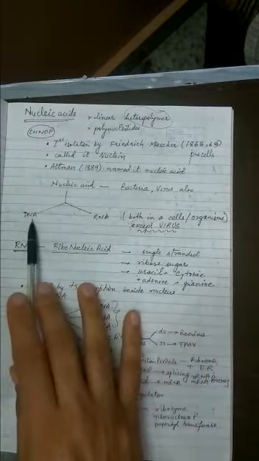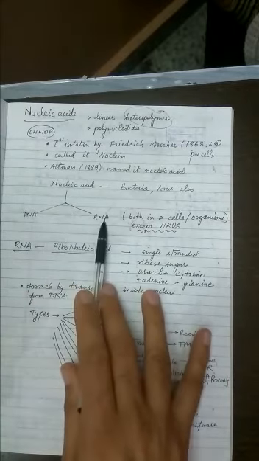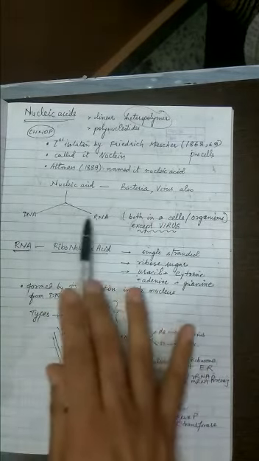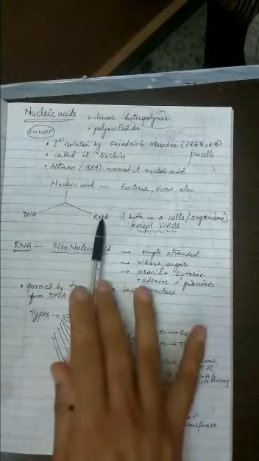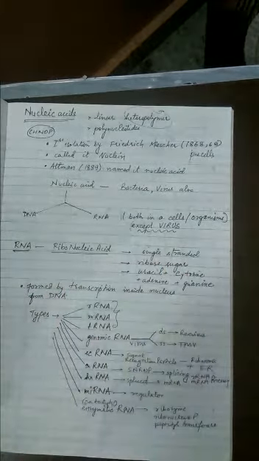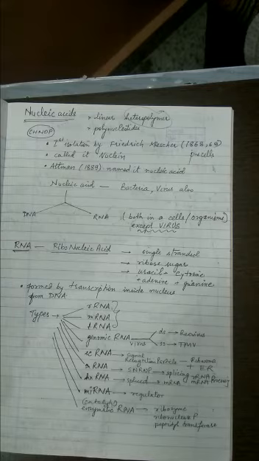Please remember, DNA and RNA both are present in eukaryotes, and both are present in bacteria or prokaryotes, but only one out of two will be present in the case of viruses. That means both DNA and RNA are present in all eukaryotes. Even prokaryotes will have both DNA and RNA, but viruses are the only organisms which will have either DNA or RNA. They cannot have both inside them.